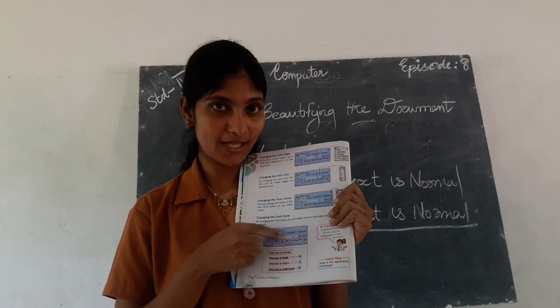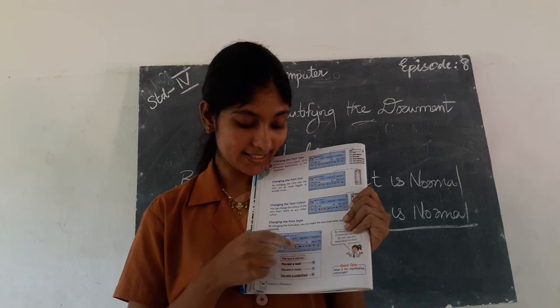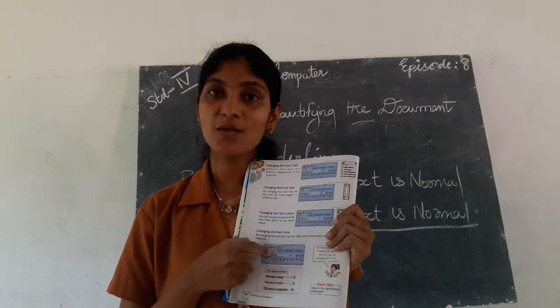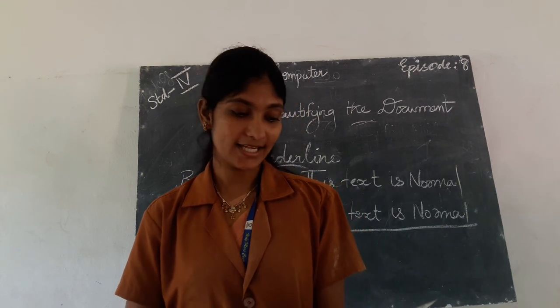Under the Home tab, you can see three buttons: B, bold; I, italics; and U, underline. Then you can convert any normal text into bold, italics and underline.